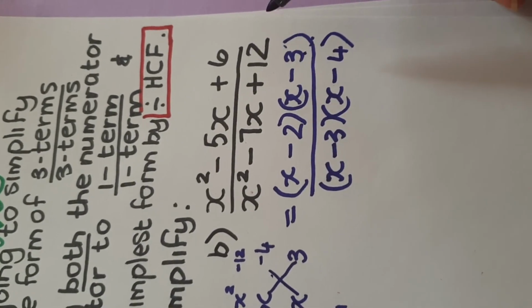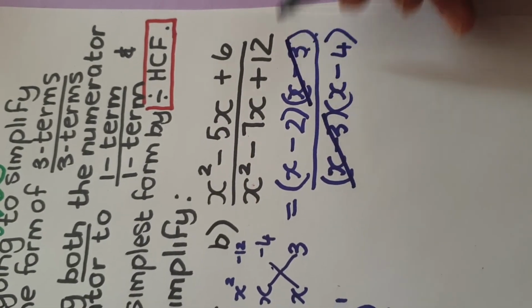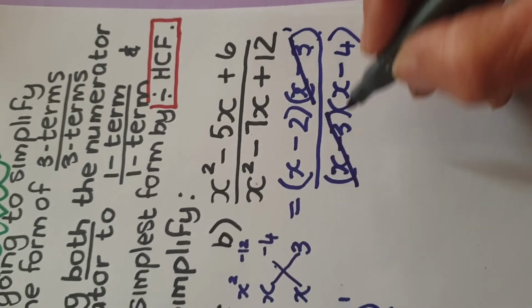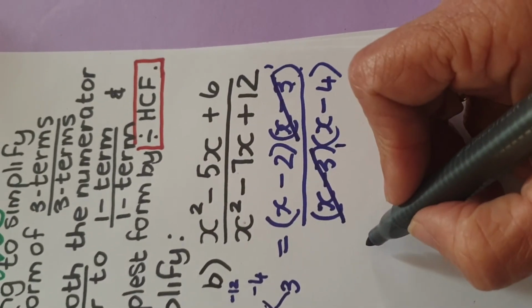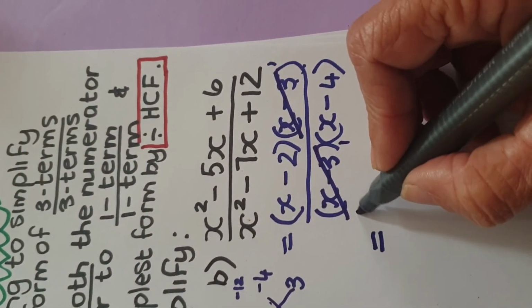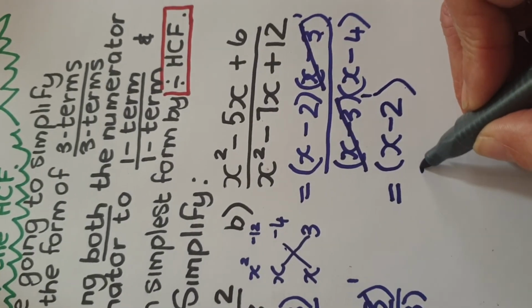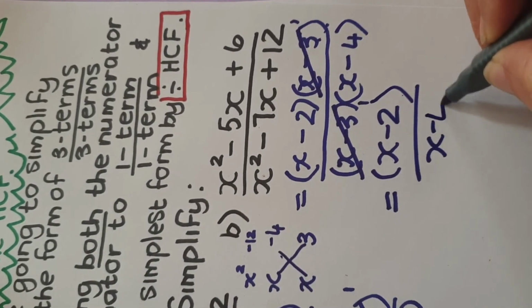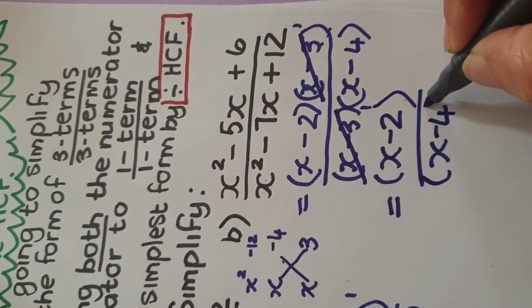And you can all see it. It's the bracket x minus 3. I divide with the highest common factor in the numerator and denominator, and I get an answer: x minus 2 divided by x minus 4. It's not really necessary here to keep it in brackets, but it doesn't make a difference.